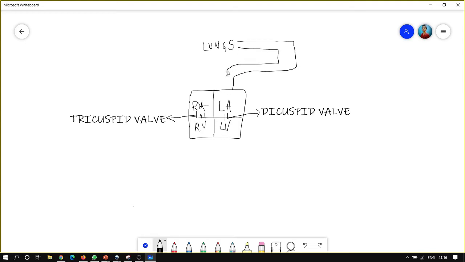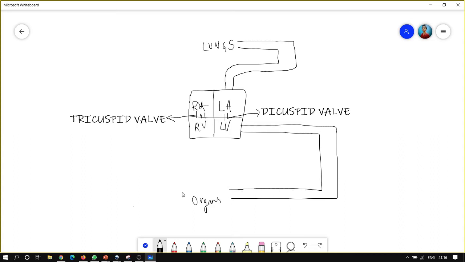Let me just draw this. Yeah, it comes to the left atrium and then goes through the bicuspid valve and then to the left ventricle, then goes to all parts of the body. Let me just write organs here. Yes, to all parts of the body.